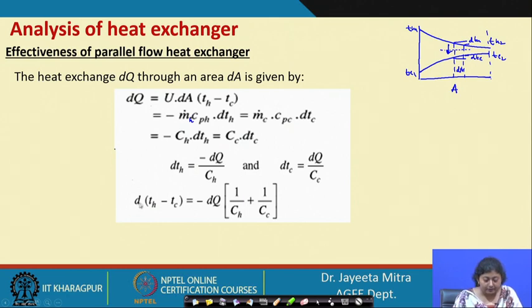So, d of Th minus Tc, the temperature difference across the small area dA, is equal to minus dQ times 1 by Ch plus 1 by Cc. Ch and Cc are the heat capacities of the hot and cold fluid respectively.